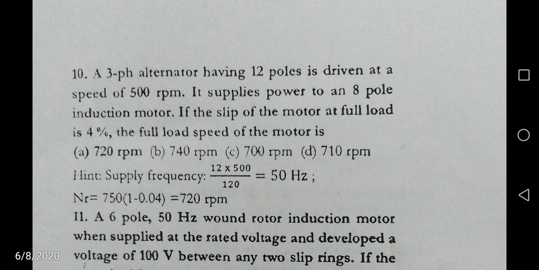Nr equals Ns into (1 minus S). So here Ns is 750, because of 12 poles.